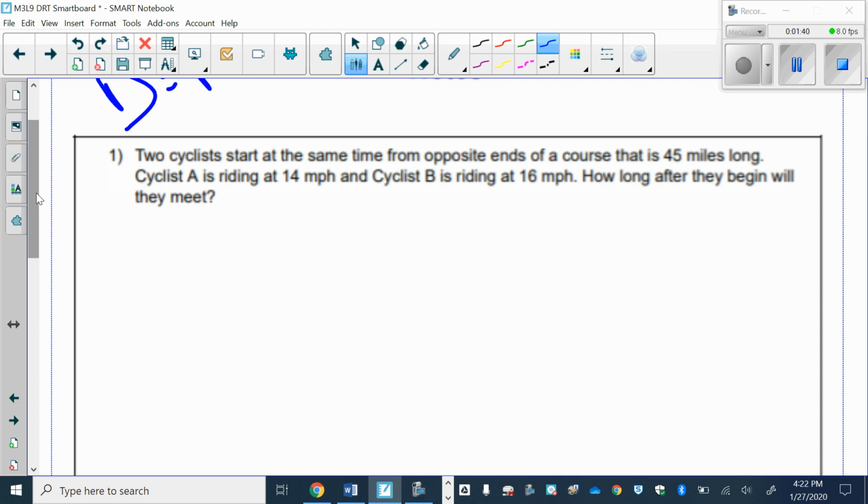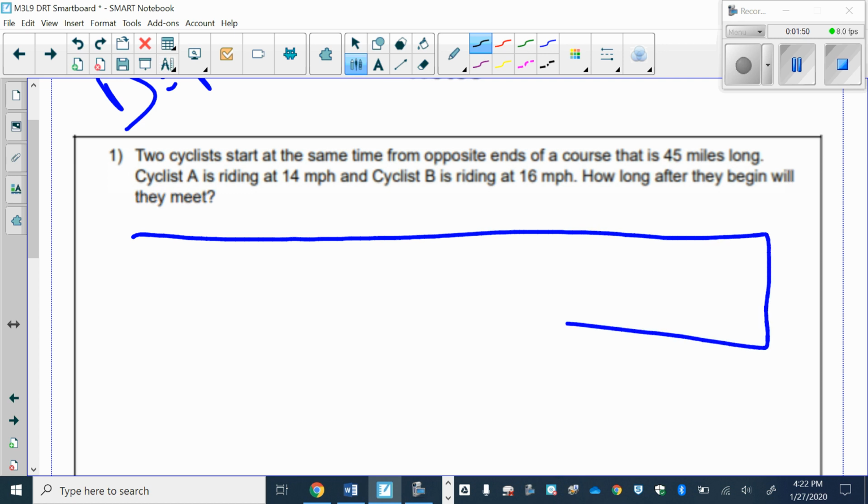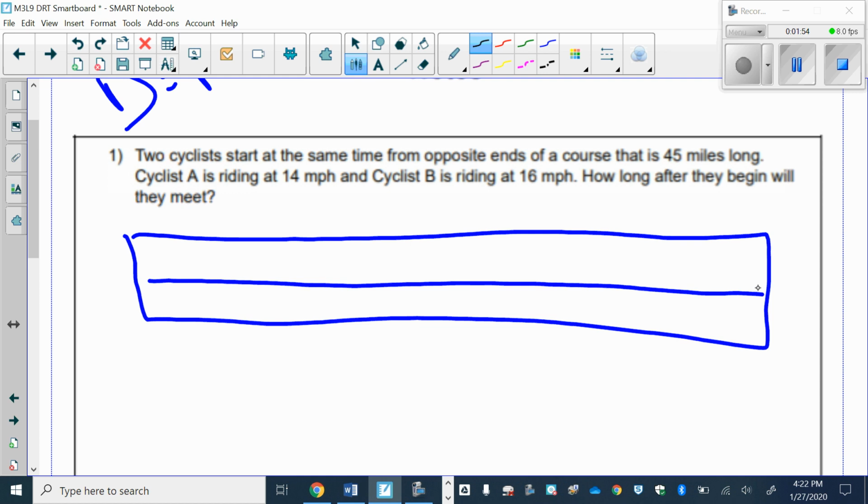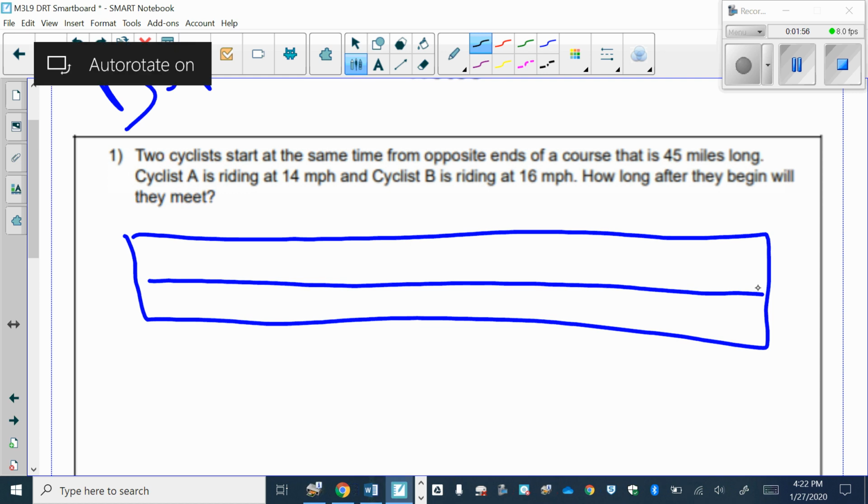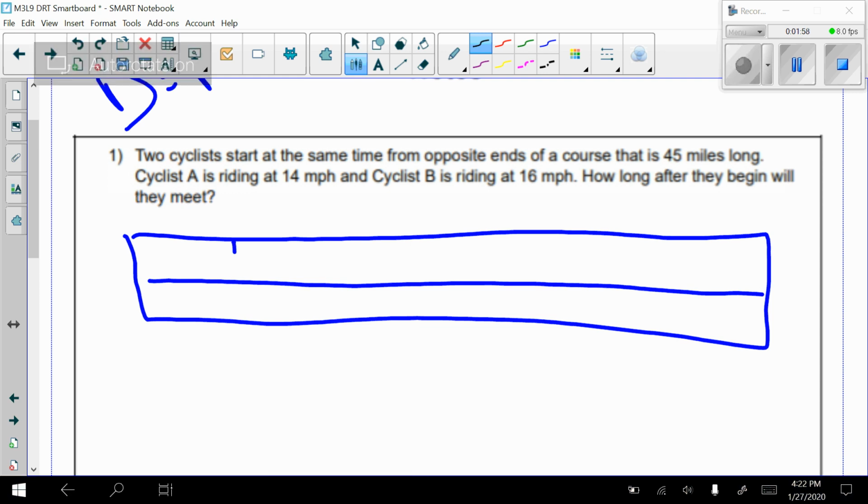So we're going to make a table. Right? So we're going to draw, and we're going to say cyclist A and cyclist B. We also know that rate multiplied by time equals distance.